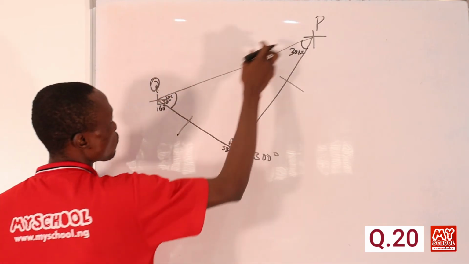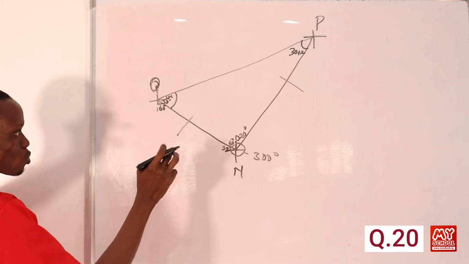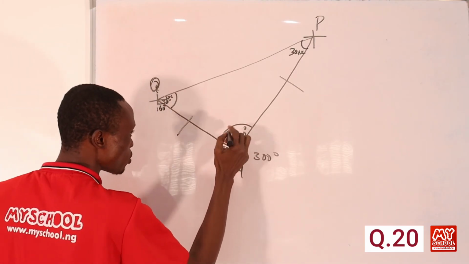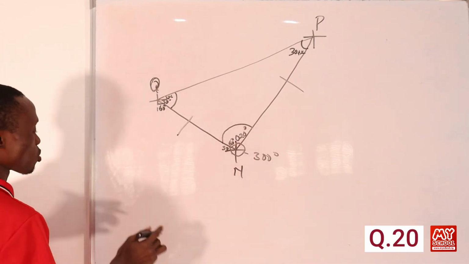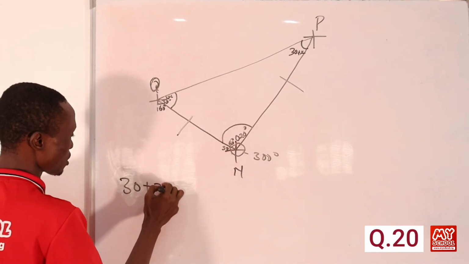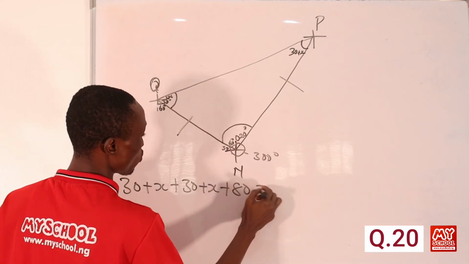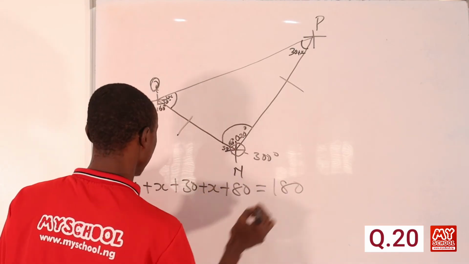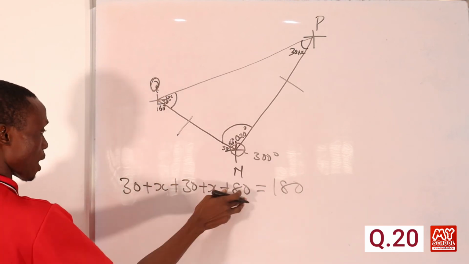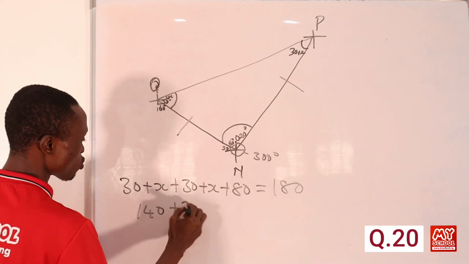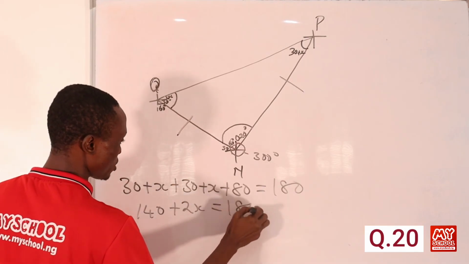But remember that the sum of angles in a triangle is equal to 180. Remember that the whole angle here is equal to 80 degrees. So 30 plus x plus 30 plus x plus 80 is equal to 180 degrees, right? So if we add these, that will be equal to 140 degrees plus 2x is equal to 180, right?